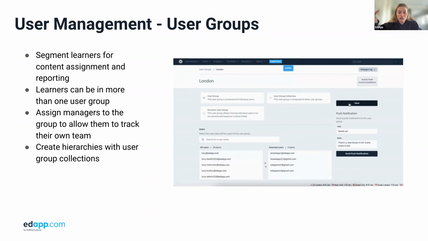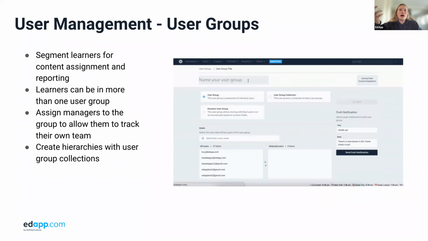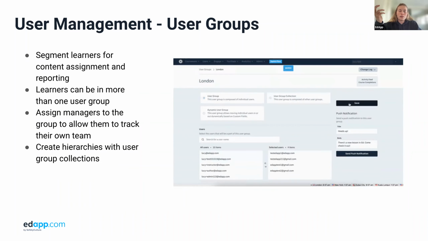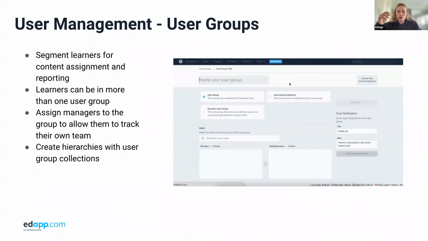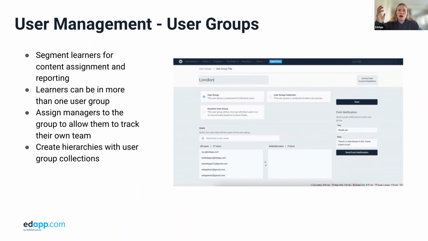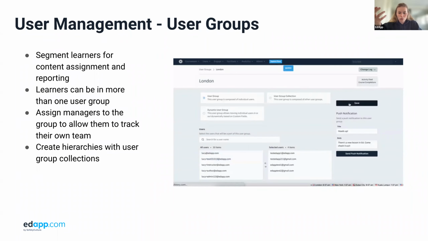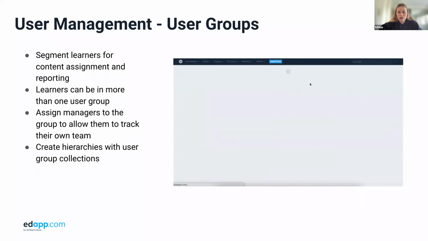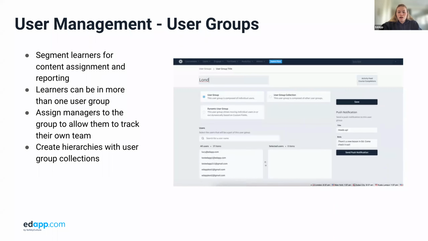Per region? All of these ideas will come together in order for you to decide which user group outline you should have for your learners. That will then define how they're going to get content assigned and how reporting will work for your different managers in your organization. Setting up the user groups would be the first step.